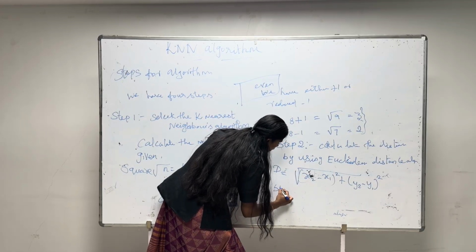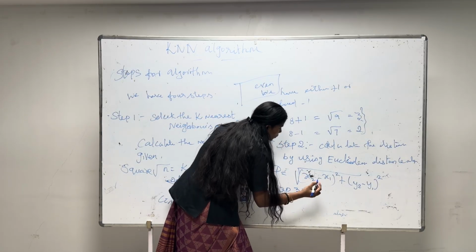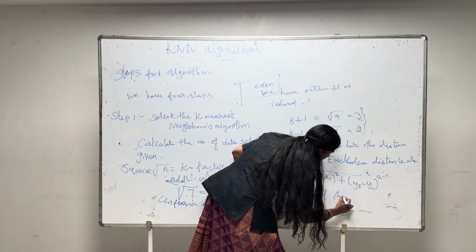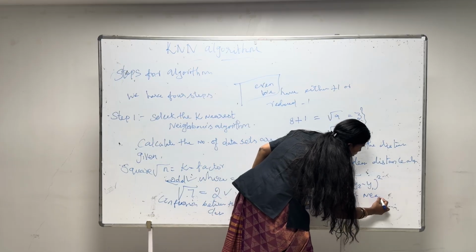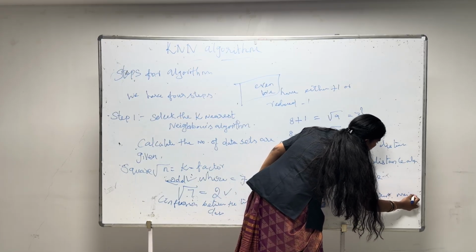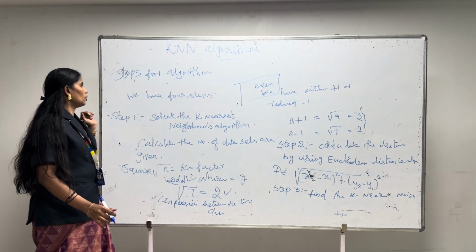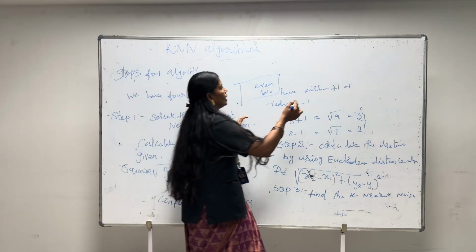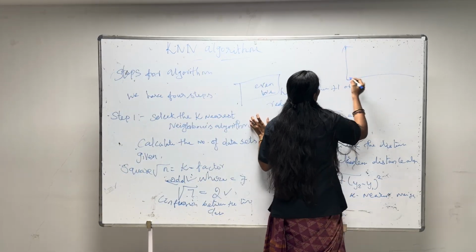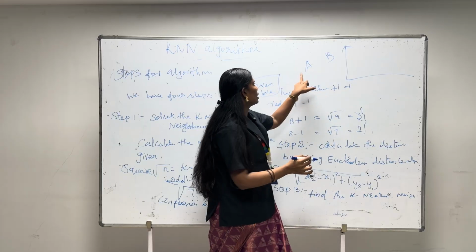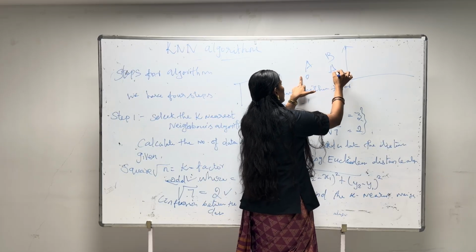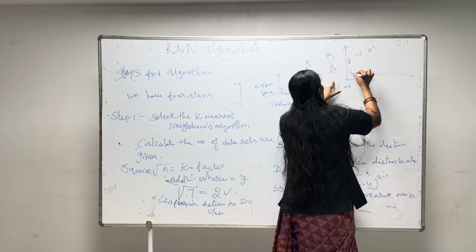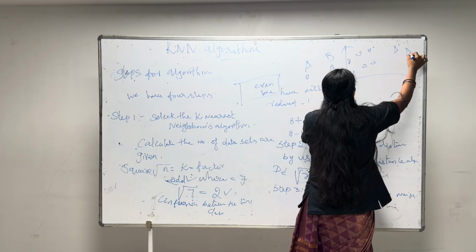So in the step 3 we are going to find the k nearest neighbor values. For that, we have already seen some example for the k nearest neighbor. I have already explained the category of A and B. A is denoted under the category of circle and B is the category of triangle.